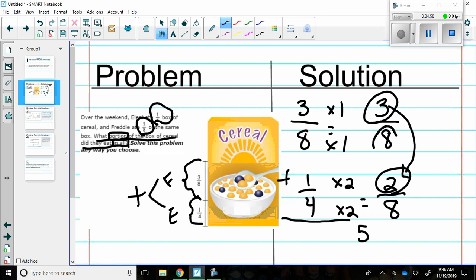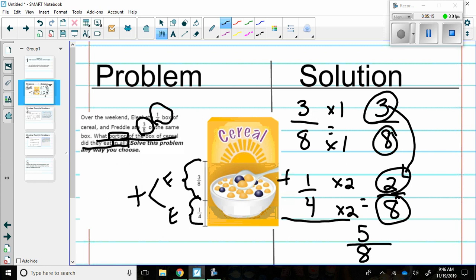So then I have 8 as my denominator at the bottom, and since they are equal and the same, which was our point in this problem, I keep it the same. So now my answer is 5/8. That is the portion of the cereal box that the kids ate in all.